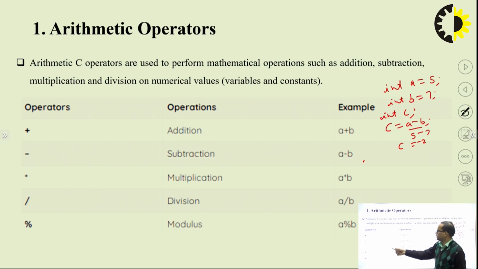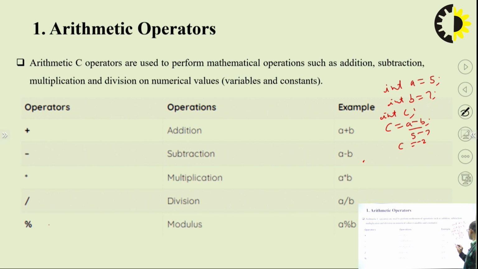In the same way, this operator is used for multiplication, and it is applied between a and b. This symbol is used for division, and this is the modulus operator. Basically this operator is used to calculate the remainder.